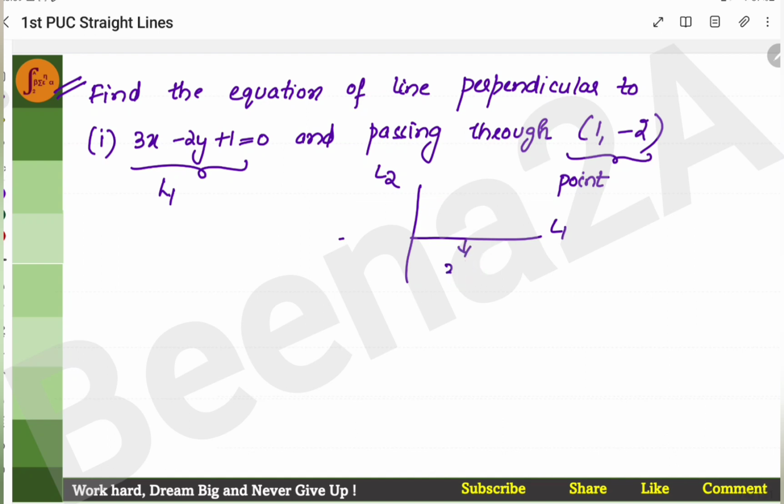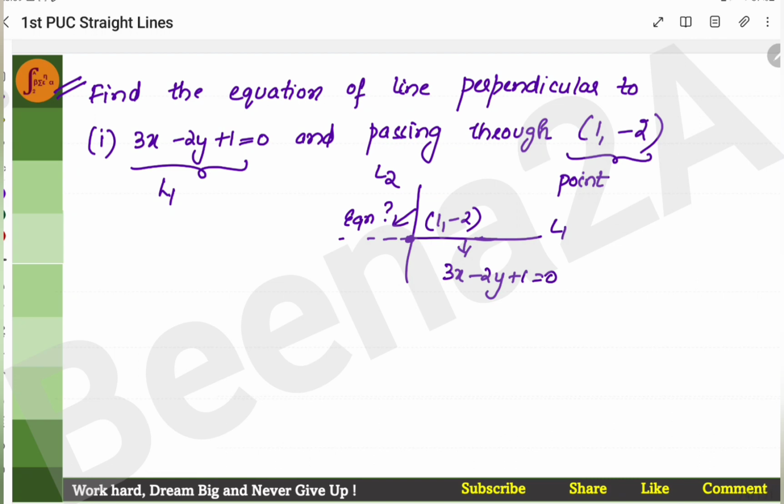The equation of L1 is given. You have to find the equation of L2. And they've given a point that this line passes through, say this point, which is 1, minus 2. Now using these two, we should get the equation of this line.